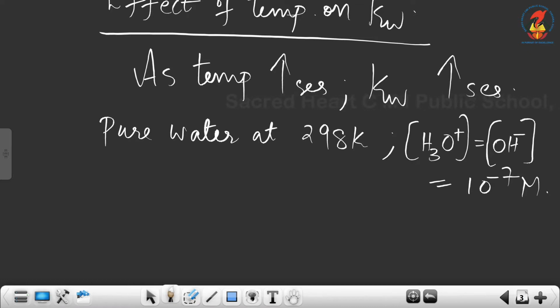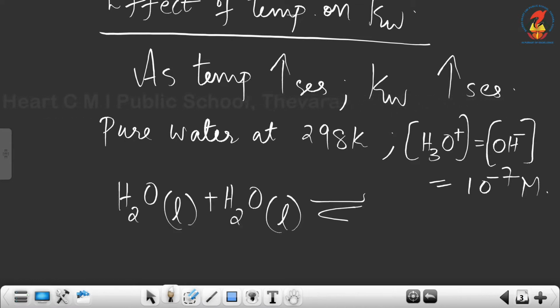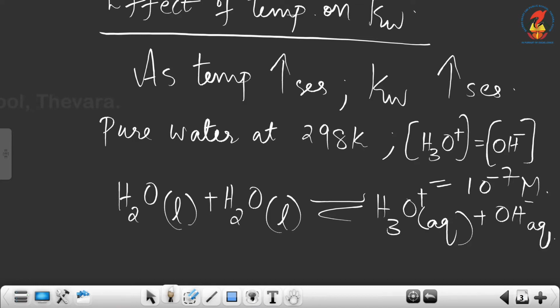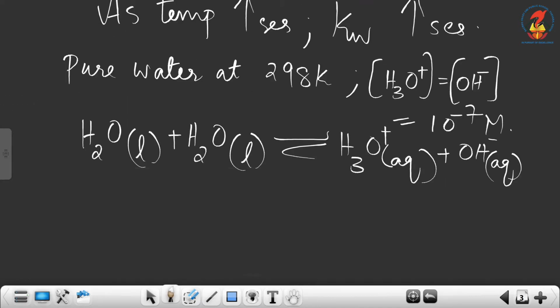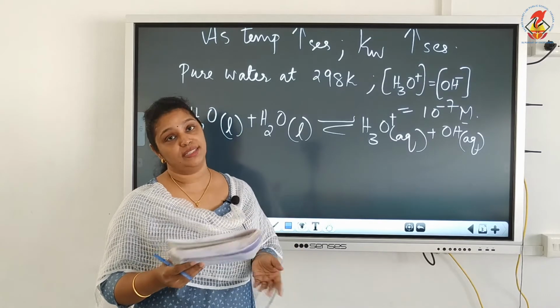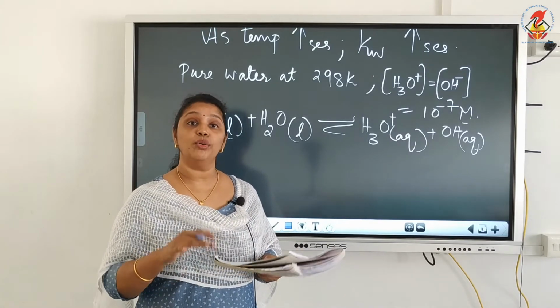Okay, and we know the equation for the self-ionization of water, that is H2O plus H2O gives H3O plus plus OH minus. Now, suppose to this reaction which is at equilibrium, I am going to add more H plus ion.